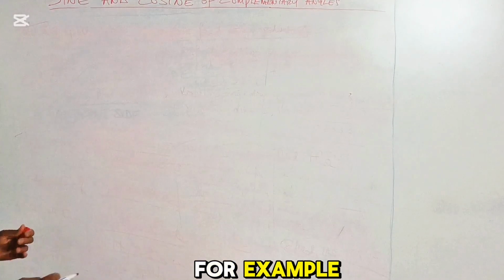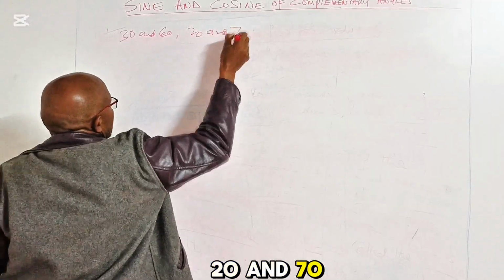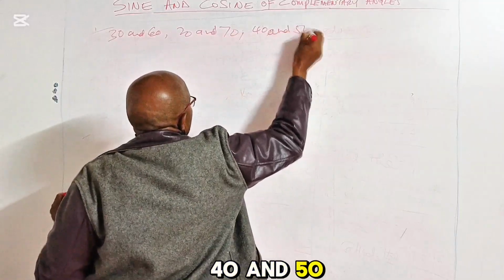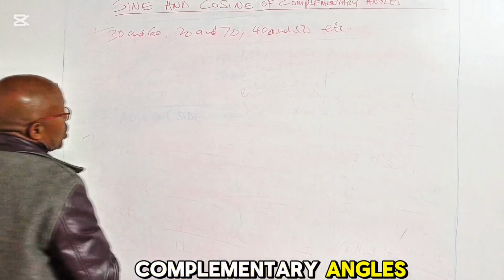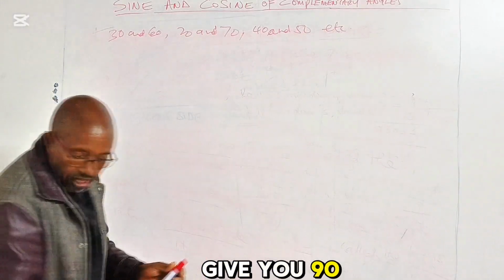For example, 30 and 60, 20 and 70, 40 and 50, etc. All these are complementary angles because when you add them, they give you 90 degrees.